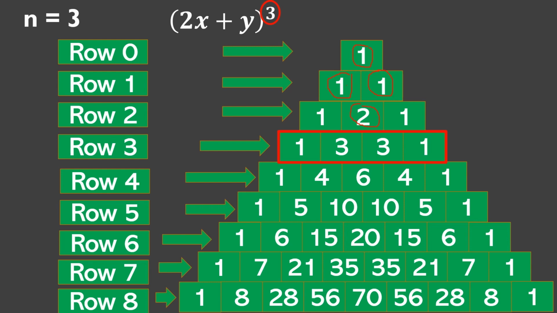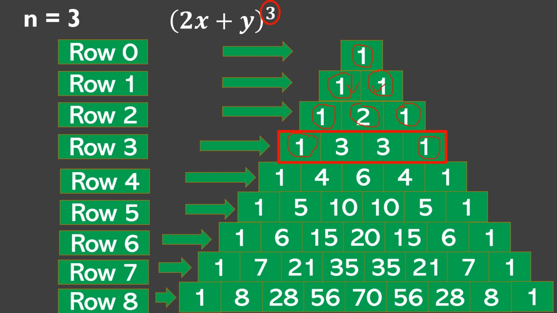What we do is add 1 plus 1 to get the middle term below. Remember, like I said, it starts with 1 and ends with 1. So if we move to row 3, which is our row of interest, we start with 1 and end with 1.